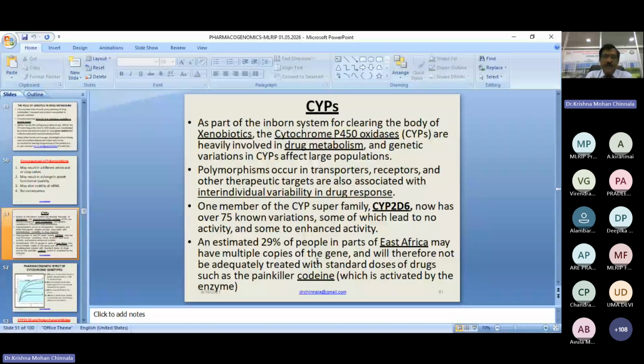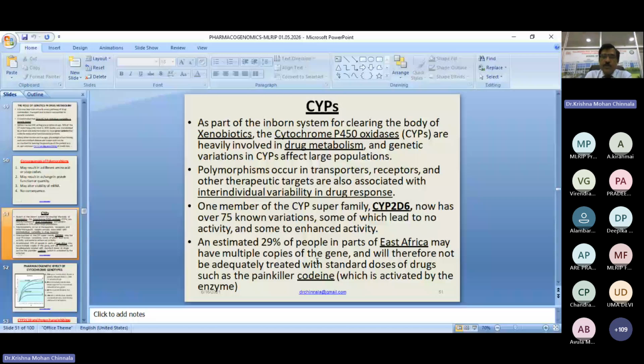And what are SNPs? As part of the inborn system for clearing the body of xenobiotics, the cytochrome P450 oxidases are heavily involved in drug metabolism, and genetic variation shifts affect large populations. Inter-individual variability in drug response is due to genetic variation in CYP enzymes.